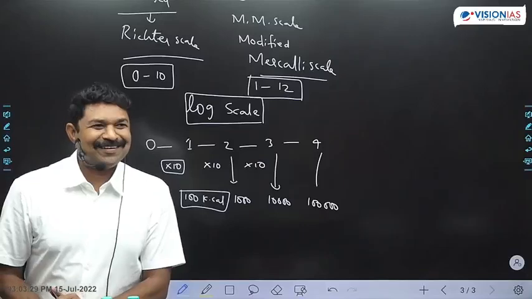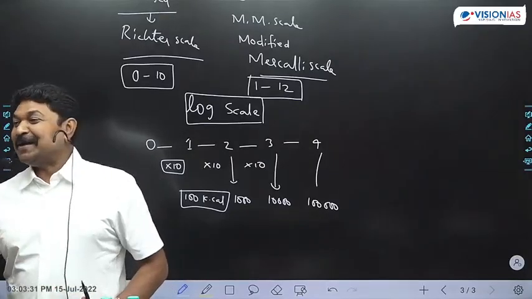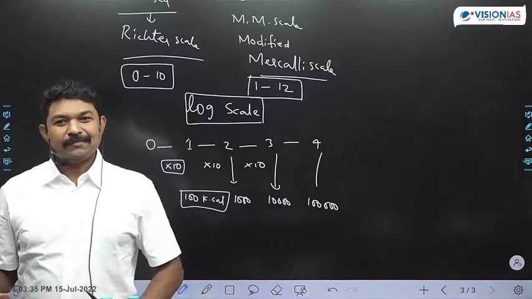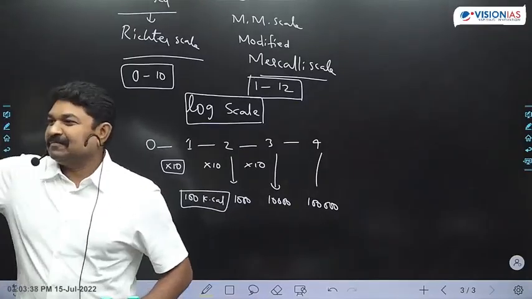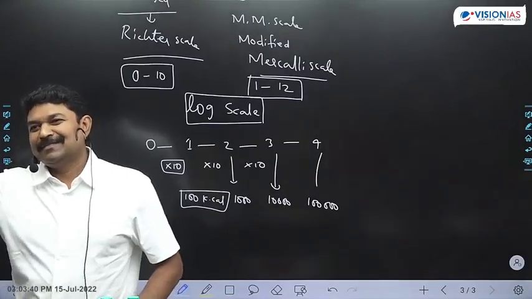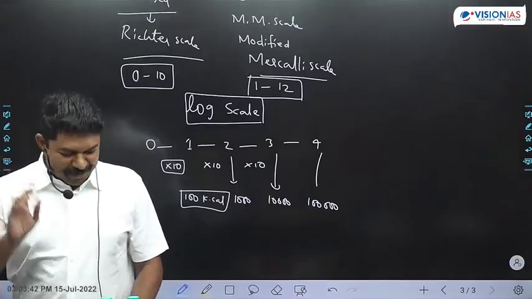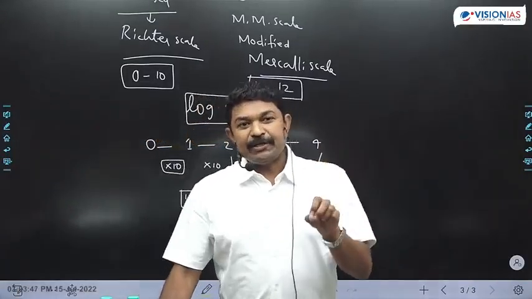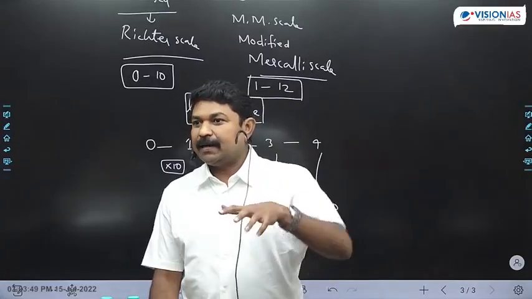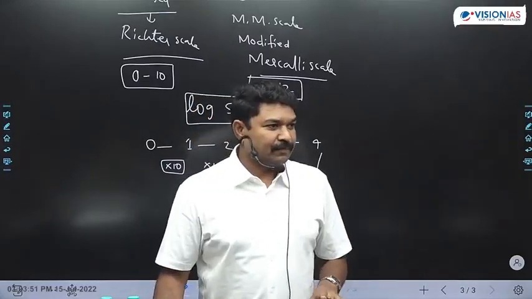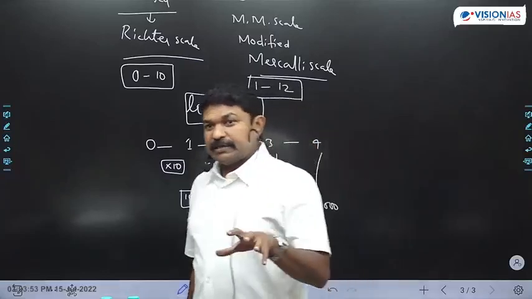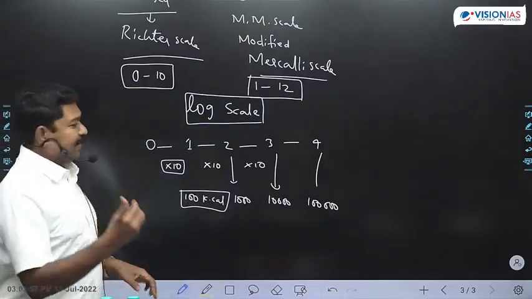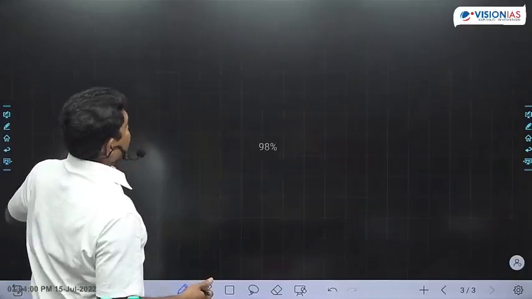Is it that? No. Based on what? The nature of the force that is triggering the movement of the earth. Based on the nature of the force triggering the movement of the earth, we get the different types of earthquakes. Come on, give the heading as types of earthquakes.